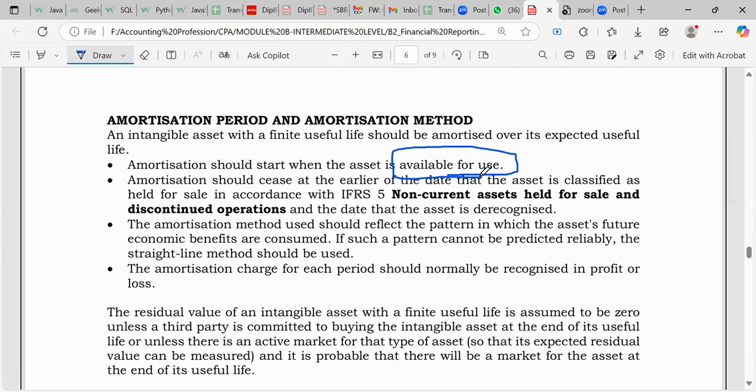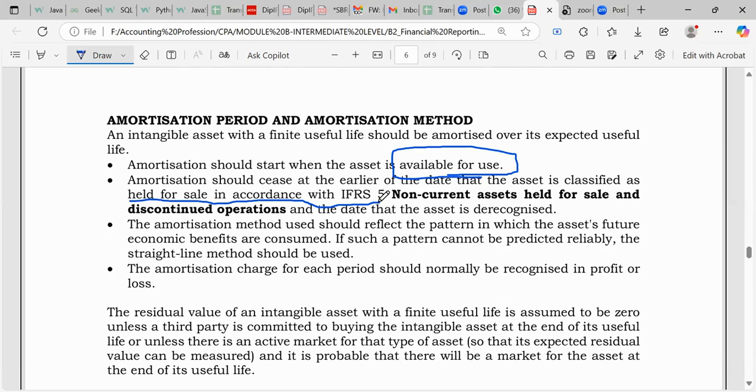Okay, when do you stop amortization? It's also obvious. You cease amortization at the earlier of the date that the asset is classified as held for sale, I told you, you learn a standard called IFRS 5, non-current assets held for sale. If you classify something as held for sale, it stops being a non-current asset, right?